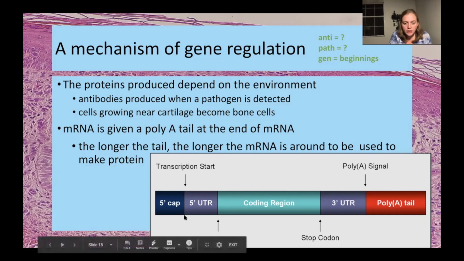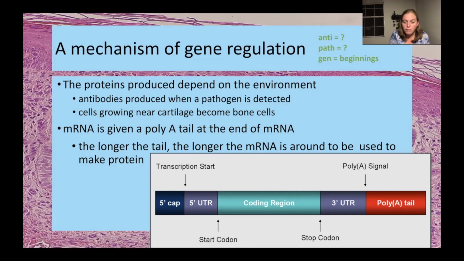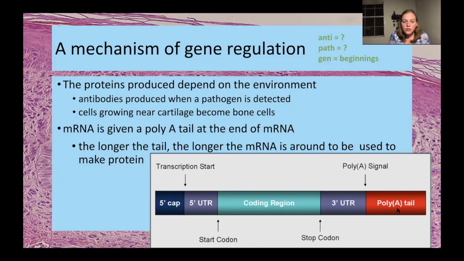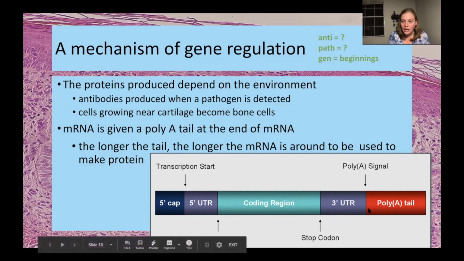The first trick is we add this cap, and this cap is going to keep this mRNA from being eaten away from this direction. So it can only be eaten away from over here. So this mRNA is going to have a poly-A tail added. That just means it's a long series of A bases.